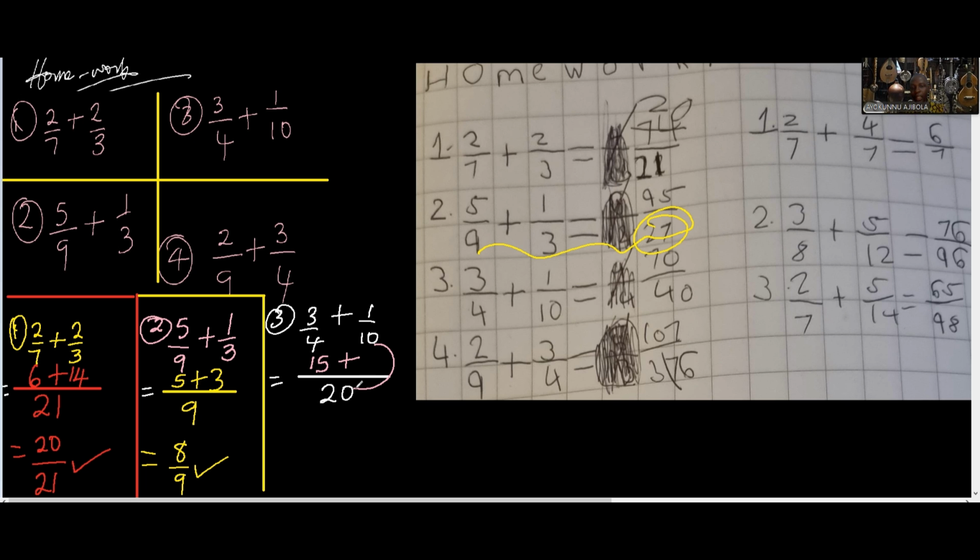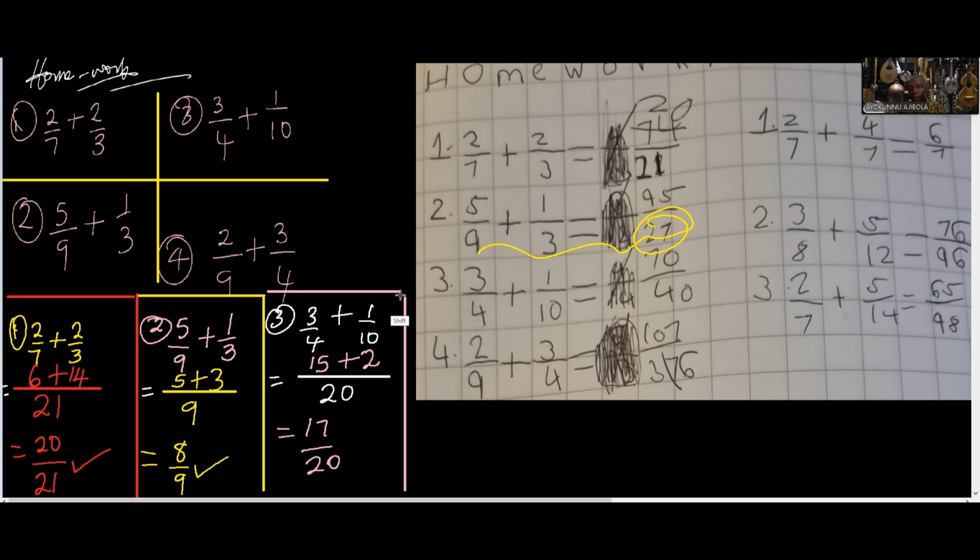Then how many 10s in 20? 2. 2 times 1 is 2, right? So what's my final answer to that? 17 over 20. That's correct. Is that clear? Yes. Good.